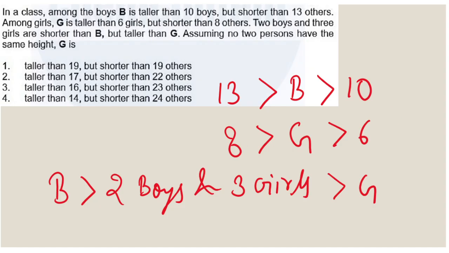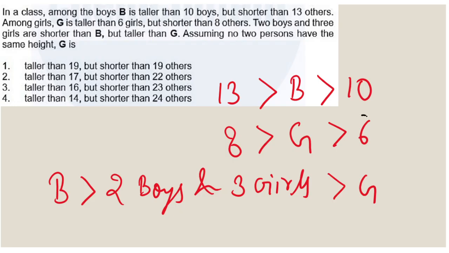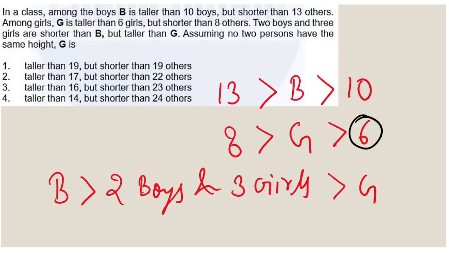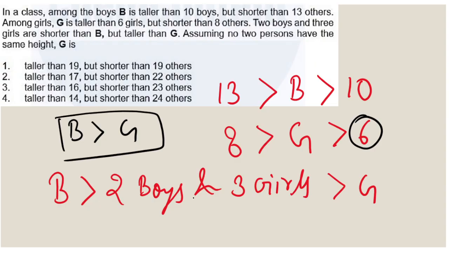Now, first we will find out the total number of people shorter than G. As already given, 6 girls are shorter than G. So first we will write them: 6 girls plus boys. Total boys who are shorter than B are 10, right? And B is taller than G, from this relation we can see.